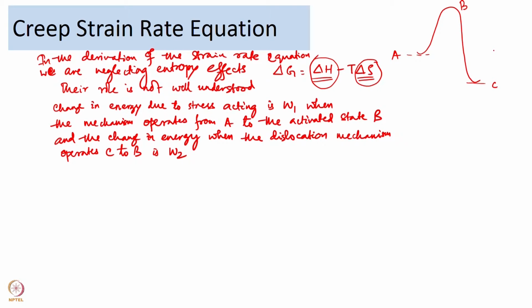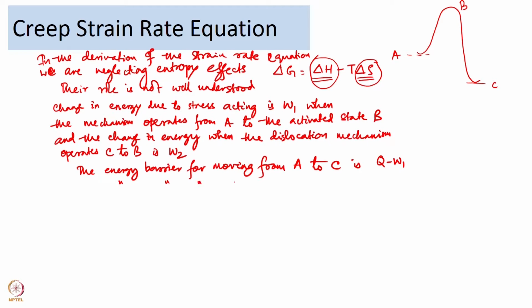So, the energy barrier for moving from A to C is effectively Q minus W1, and the energy barrier for moving from C to A is effectively Q plus W2.